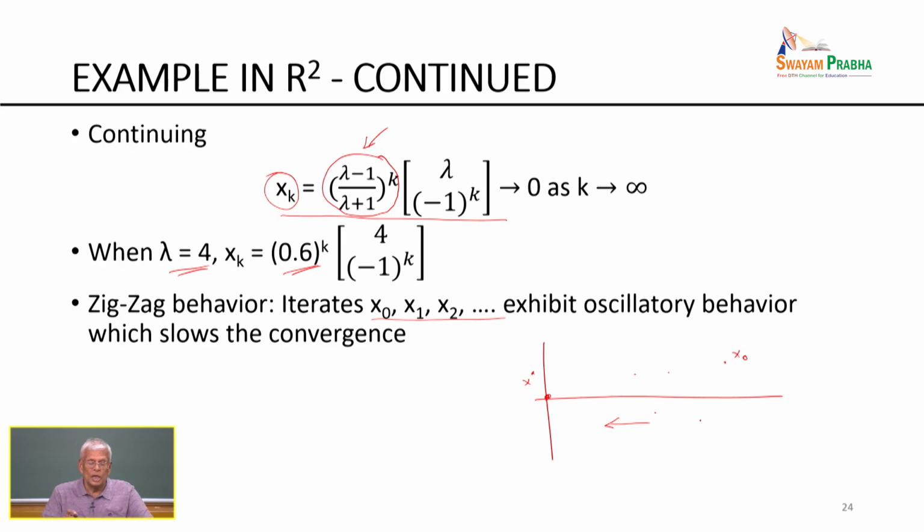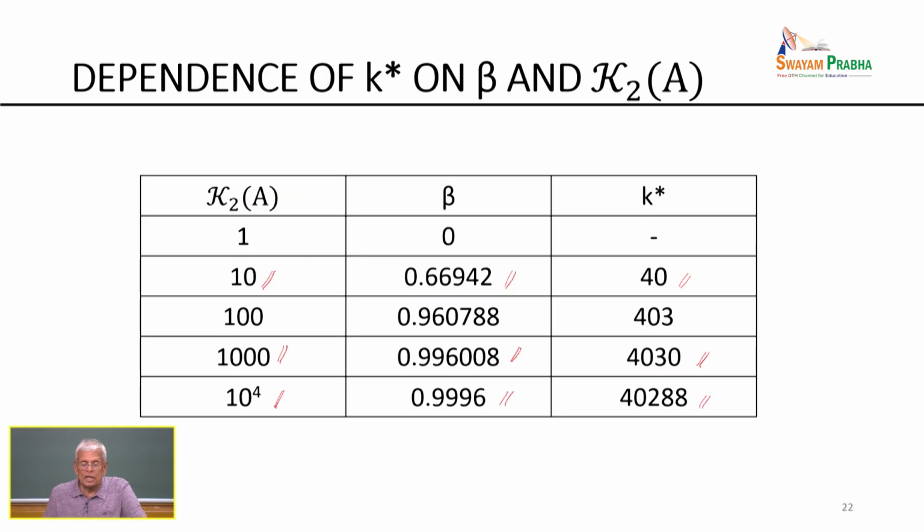This example tells you that this algorithm can exhibit the zigzag behavior, which is not desirable, and this is the reason for slow convergence. You remember we talked about when kappa is 10 to the power of 4, I need 40,000 iterations.